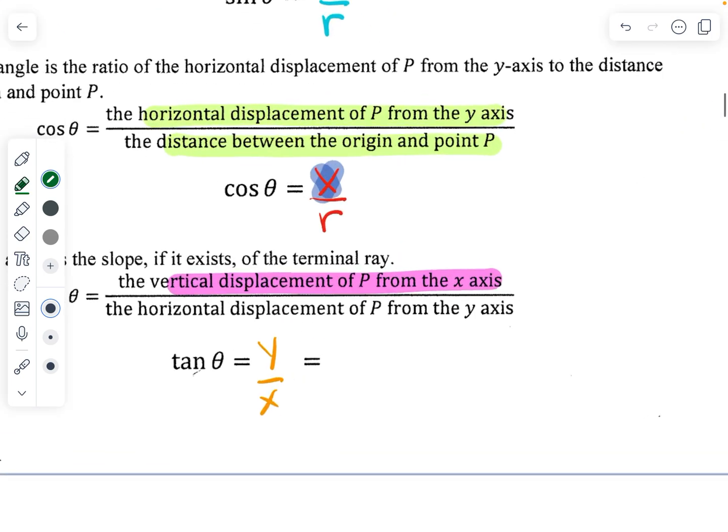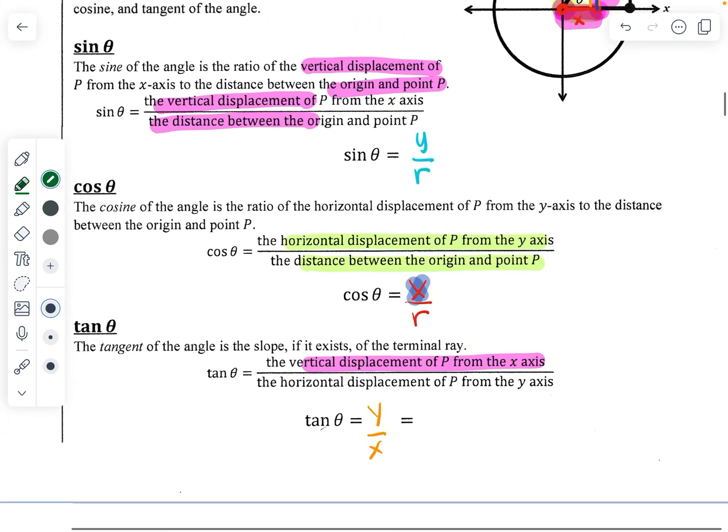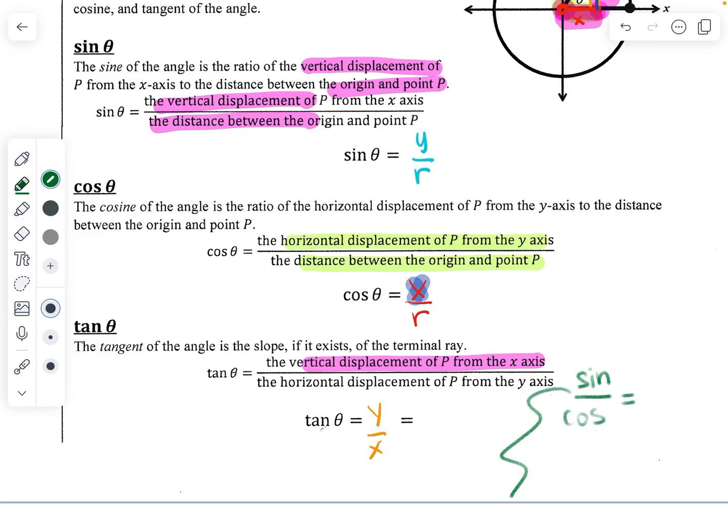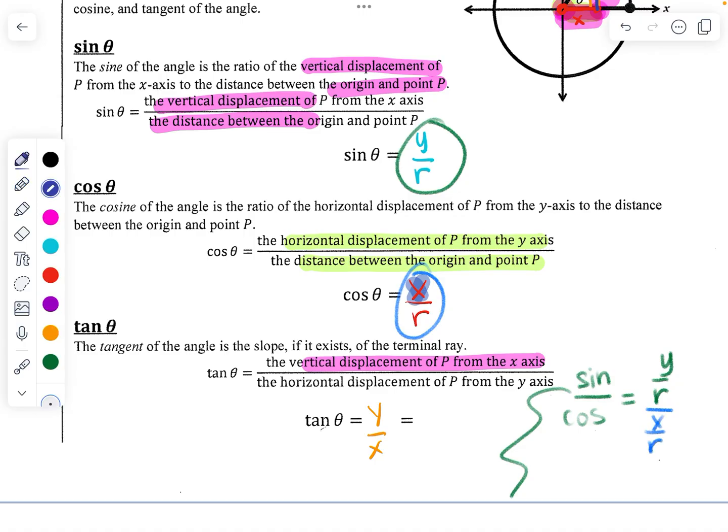When we're talking about y over x, let's talk about something separate really quick. If I talk about sine, and if I divide it by the cosine value. So I know sine is y over r, and cosine is x over r. If I divide two fractions, I know I can multiply by the reciprocal.